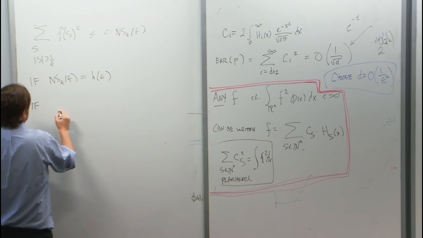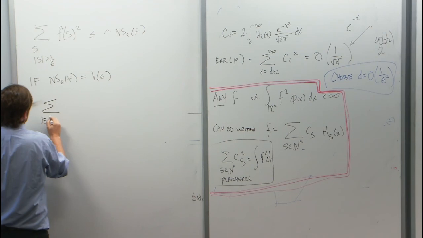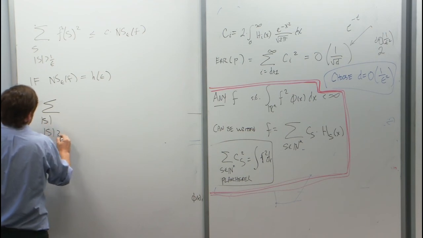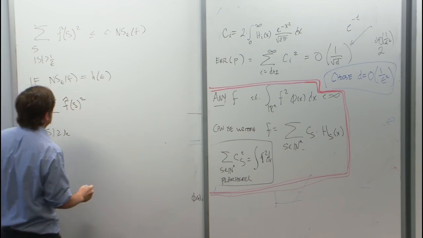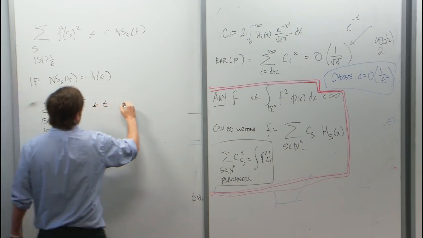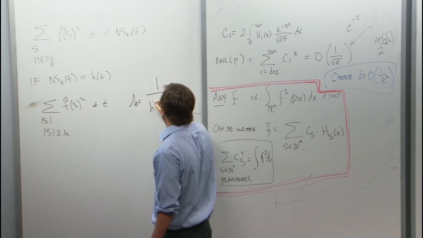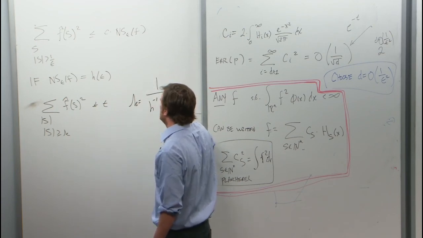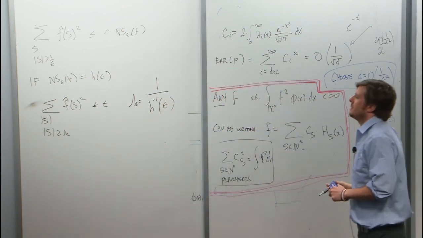Then the sum of the squares of f hat of s for degree greater than k is at most epsilon, where k here is 1 over the inverse function of epsilon. Okay.